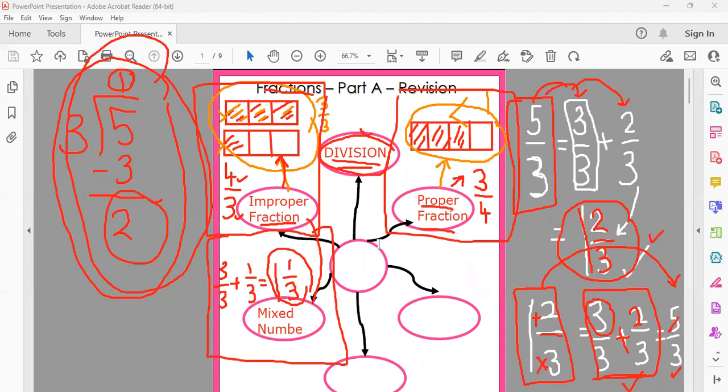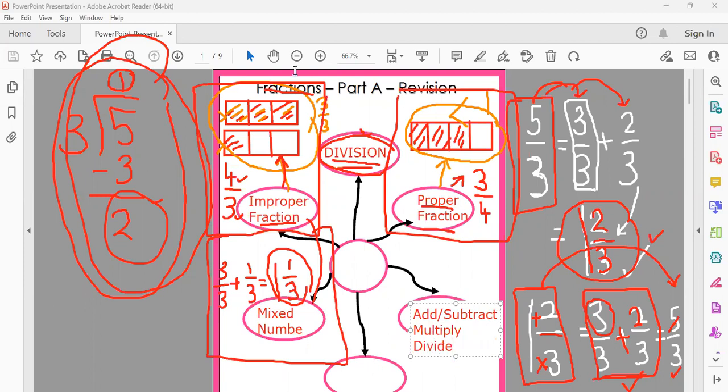Now, after that, what do you learn? In Standard 4, you would have learned how to add and subtract fractions. In Standard 5, you are going to learn how to multiply fractions. In Standard 6, you will learn how to divide fractions.